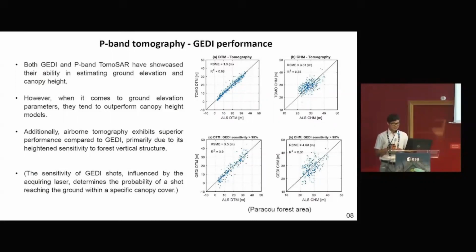But when we compare GEDI and tomography with the perfect scenario of tomography with the airborne data, we can see that the tomography outperforms GEDI data. That is about the performance, which we understand very well. It is very quantitative, very easy to quantify.